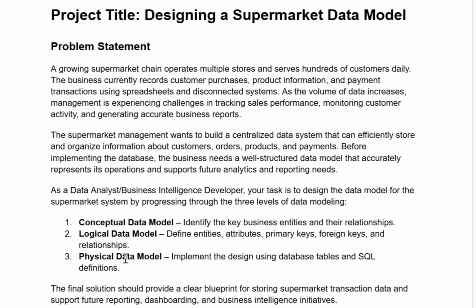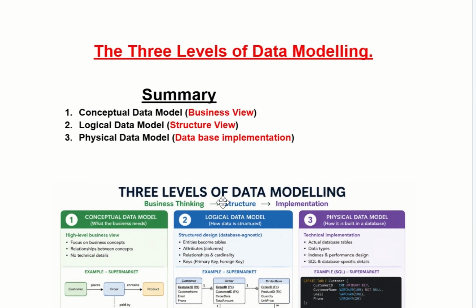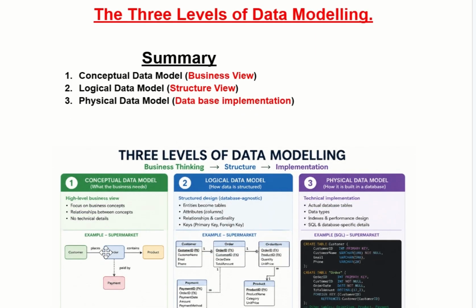Before we build any data model, we need to understand these 3 levels of data model. This is the summary of these 3 levels of data modeling. First we have the conceptual data model, where we need to understand the business objectives. This conceptual data model deals with the business concepts.